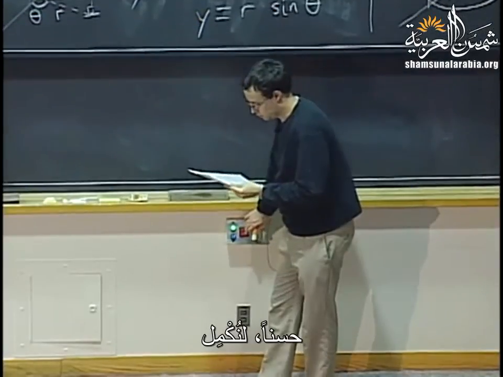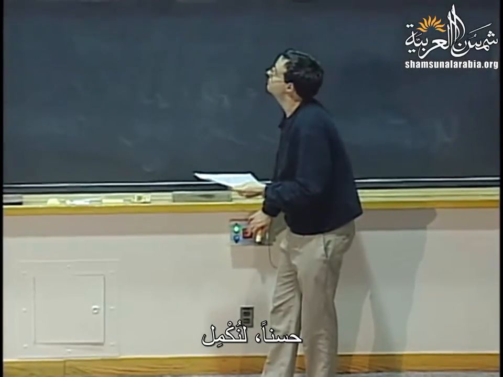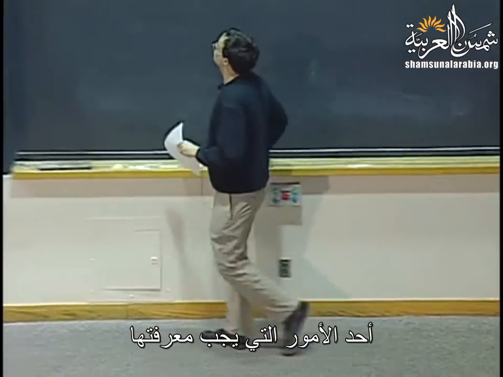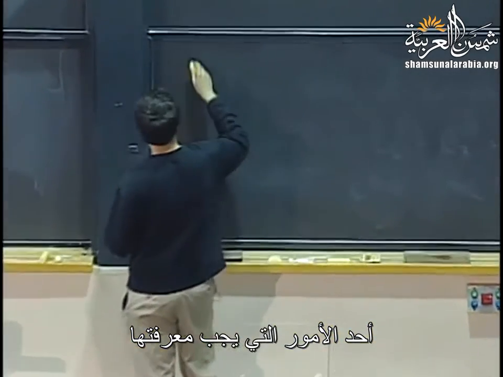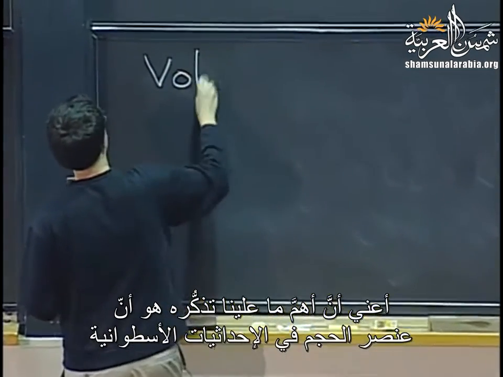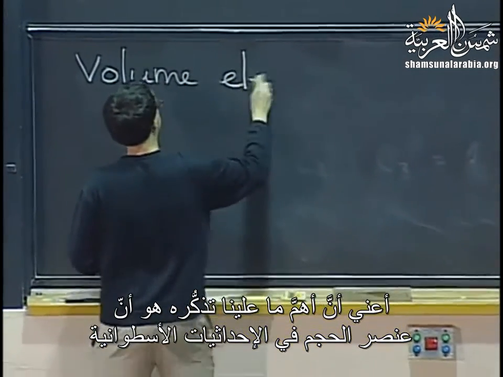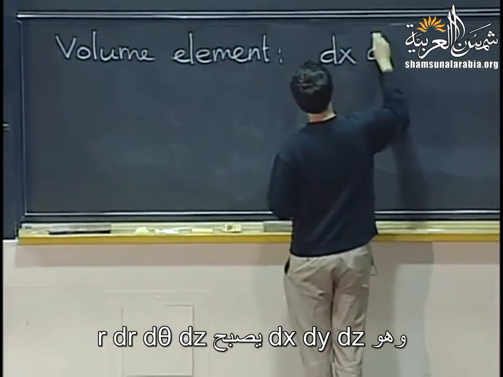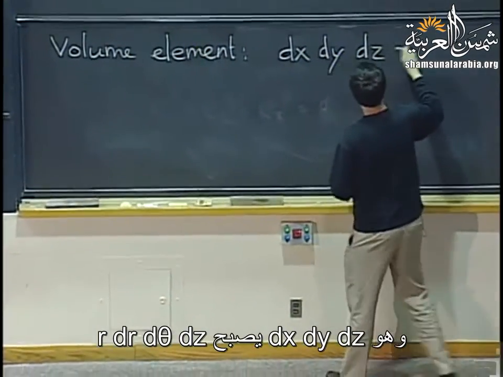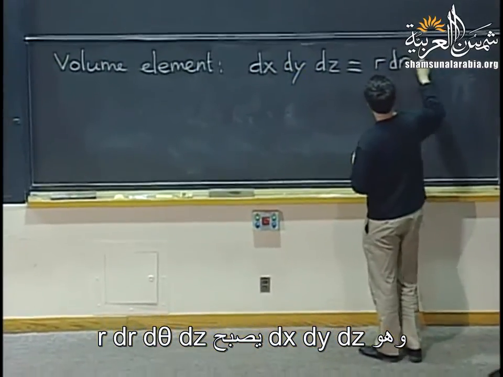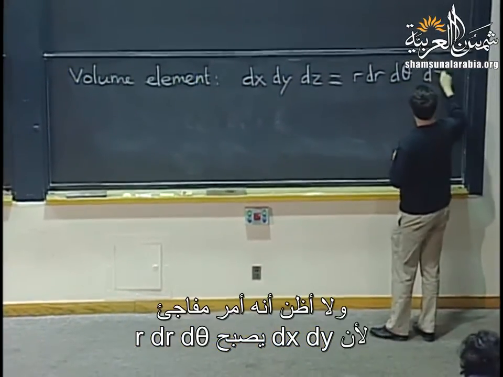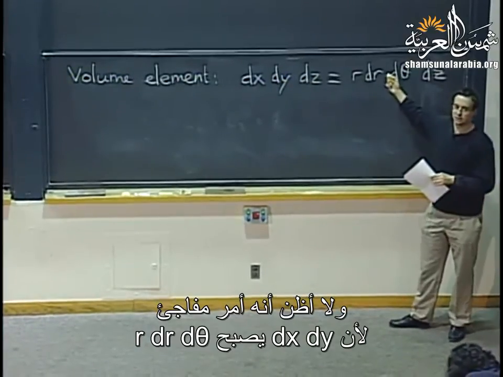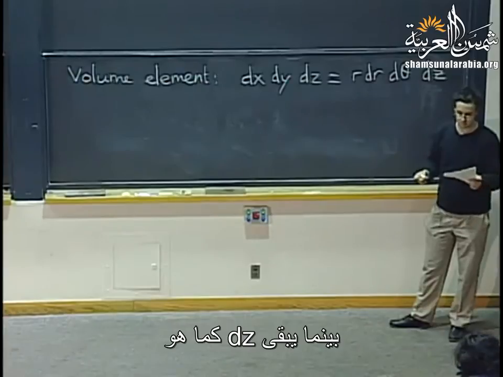Let's move on a bit. The important thing to remember is that the volume element in cylindrical coordinates, dx dy dz, becomes r dr d theta dz. That shouldn't be surprising, because dx dy becomes r dr d theta, and dz remains dz.